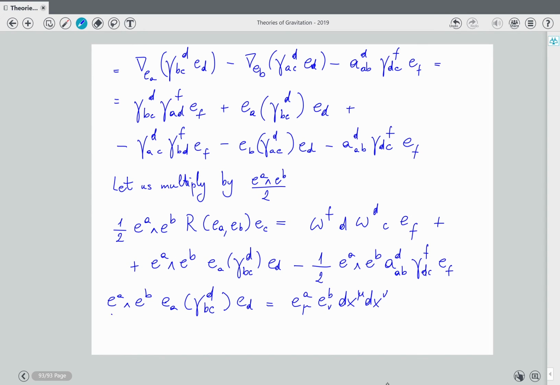This is EA wedge EB. Then there is the vector. The vector is EA rho, partial rho acting on those symbols gamma. That's the vector. And then we have ED. Let's leave it like that.